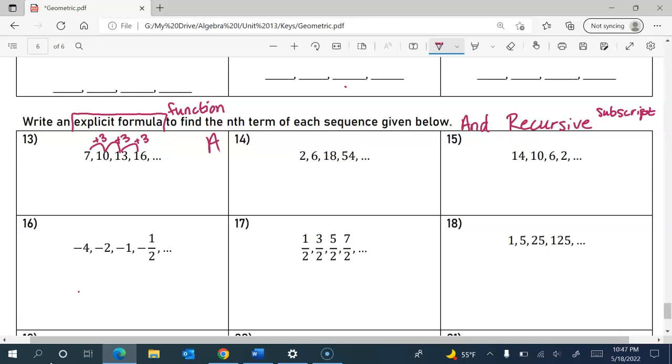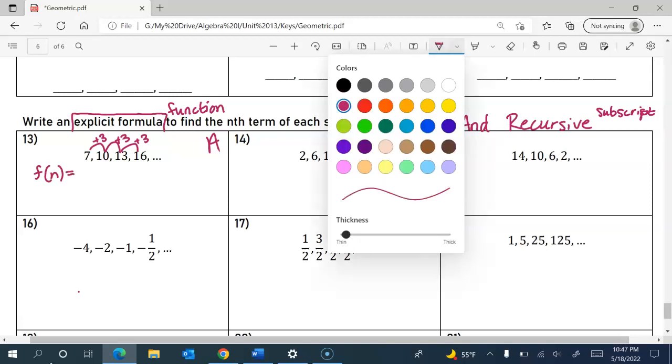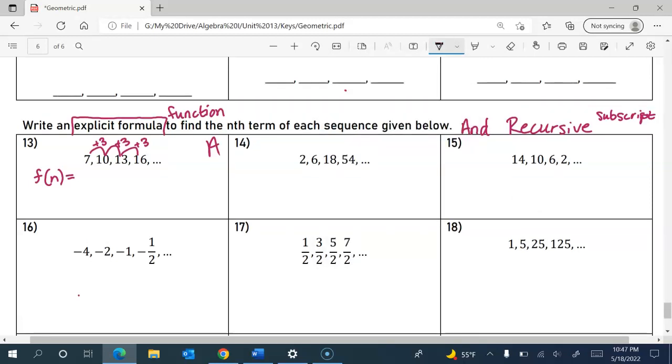Right, so this was f of n equals, if you go back, and you maybe want to just write this on the top of your page, the explicit formula for arithmetic sequences was f of n equals f of 1, my first term, plus d, that was my common difference, how much I'm adding or subtracting by, and then n minus 1 is what we're multiplying it by. That's for arithmetic.